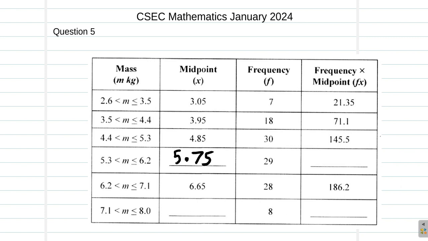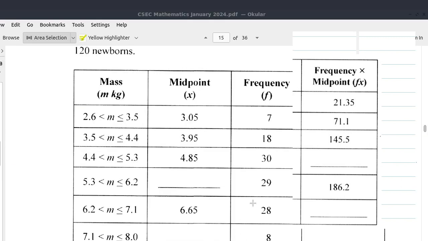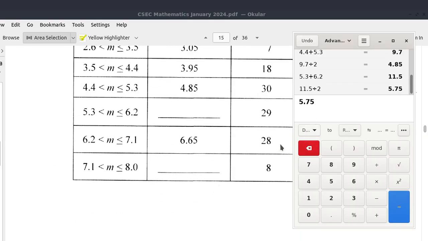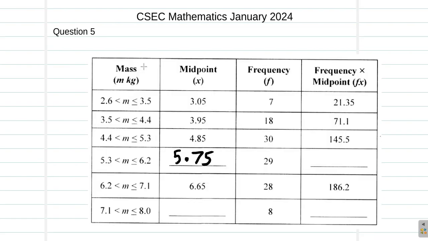For the 7.1 to 8.0, you have 7.1 plus 8 equals 15.1, divided by 2, and you get 7.55. Alright?